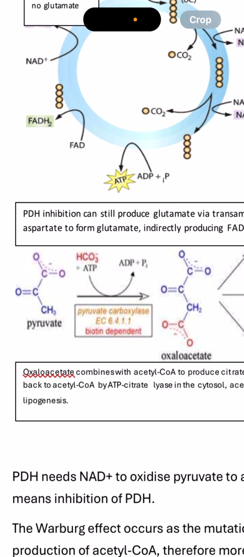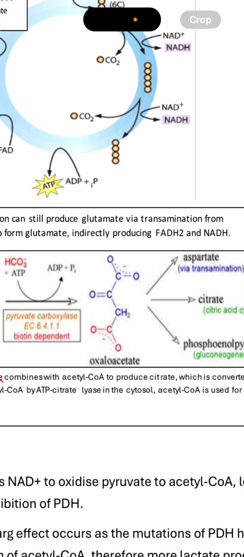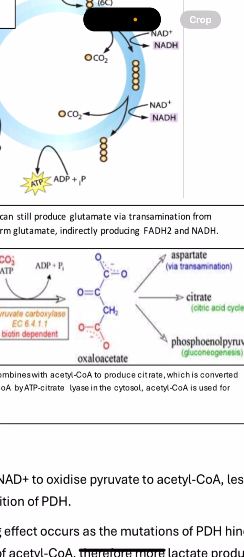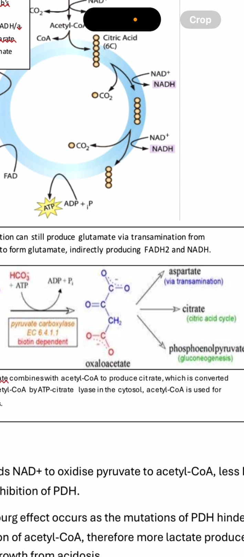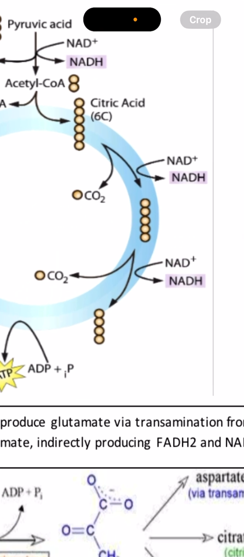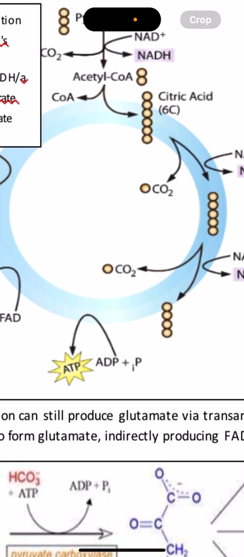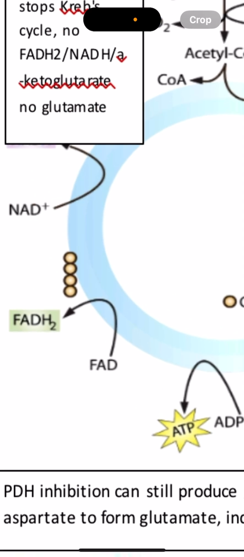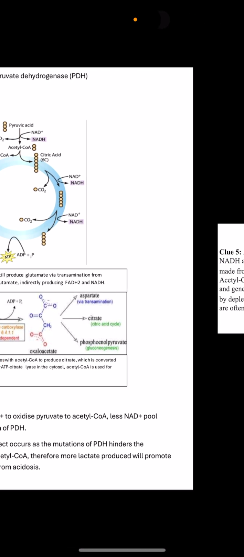That's the stimulus, and that bypasses the need essentially for pyruvate dehydrogenase if it is inhibited. And because alpha-ketoglutarate is now produced, that will continue through the Krebs cycle all the way around to produce FADH2 and NADH.